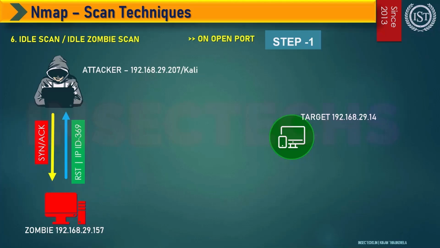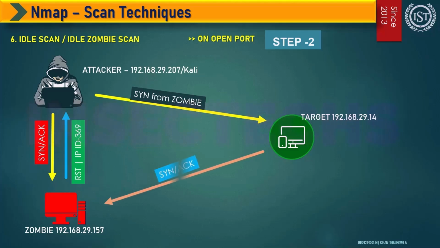Now assume this is step 1, what the attacker has done. Step 2 is that the attacker will forge a SYN packet, meaning the attacker will send a packet to the target machine as if it is coming from the zombie machine, and it has a SYN flag enabled. So this is a forged packet. Since now the zombie has apparently sent a SYN packet to the target machine, which is actually not true, the target will send a SYN-ACK to the zombie machine.